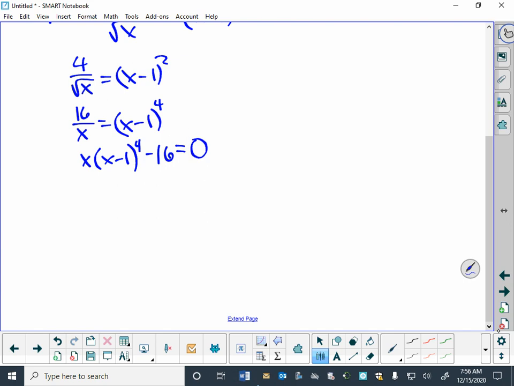Use my calculator to figure out what that is. It's giving me a 0 at 2.578.